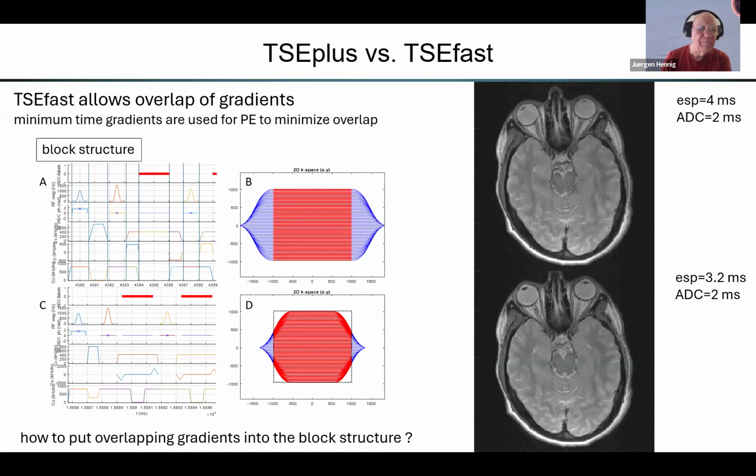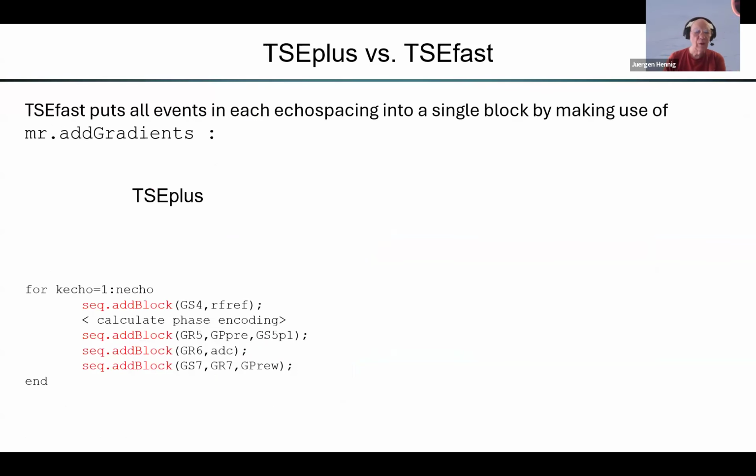One change I made is that for the TSE Plus sequence, you have to adapt the readout time to your readout matrix to fit the ADC raster time, whereas for the TSE Fast, you can be free in your choice. You just do oversampling whenever your matrix size doesn't fit the acquisition window.